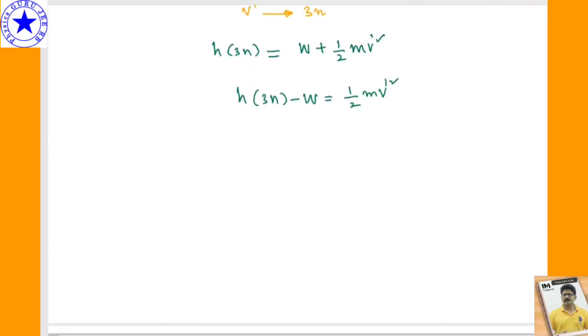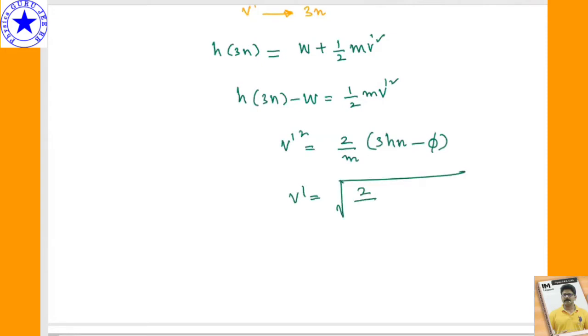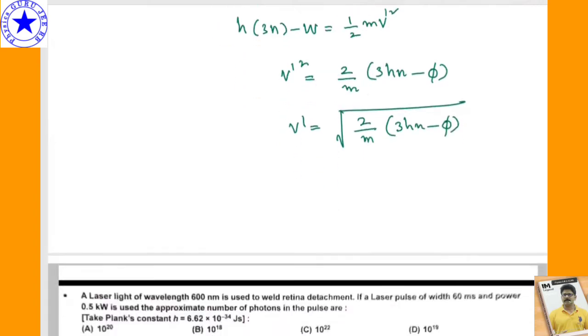So v dash square equals 2 by m, just cross multiplication, into (3hn minus W), or v dash equals under root of 2 by m into (3hn minus W). If it is clear, this is equation 2.